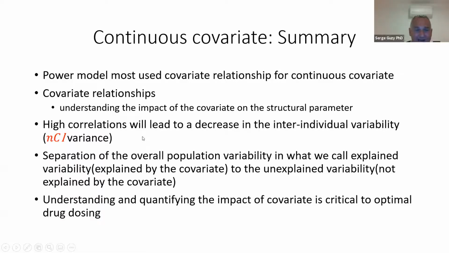Then in general, the covariate relationship helps us to understand the impact of the covariate on the structural parameter, and that's very, very important. If we have a real correlation between covariate and PK parameter, it's going to decrease the inter-individual variability.